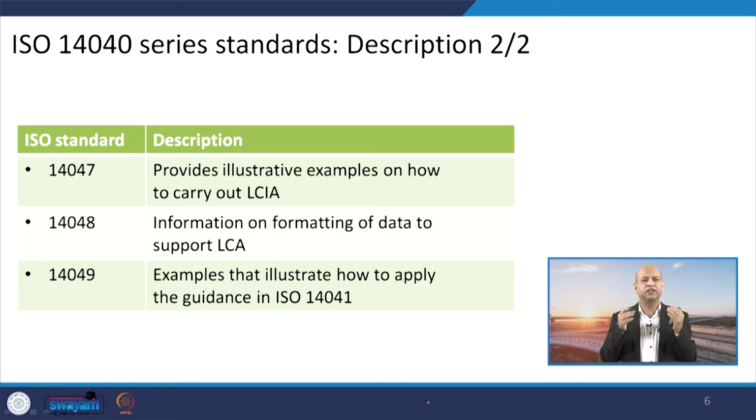They give illustrative examples on how to carry out this life cycle inventory analysis. Okay, please focus: this is part of the entire LCA. LCIA is part of LCA. LCIA is basically life cycle inventory analysis. So, you develop the inventory, like last time we discussed how inventory is developed for different things, and data are tabulated and then analysis is done.